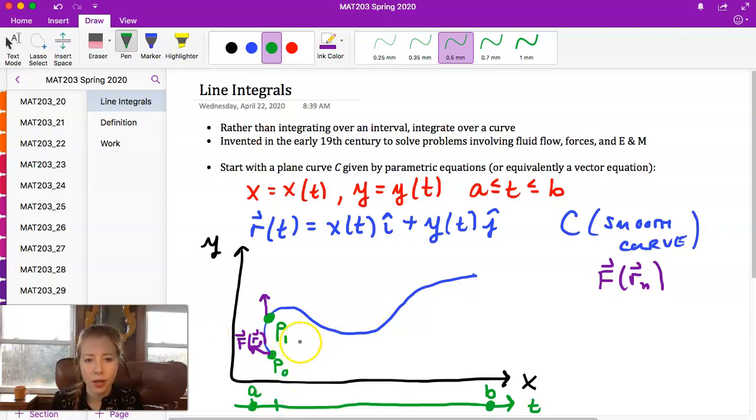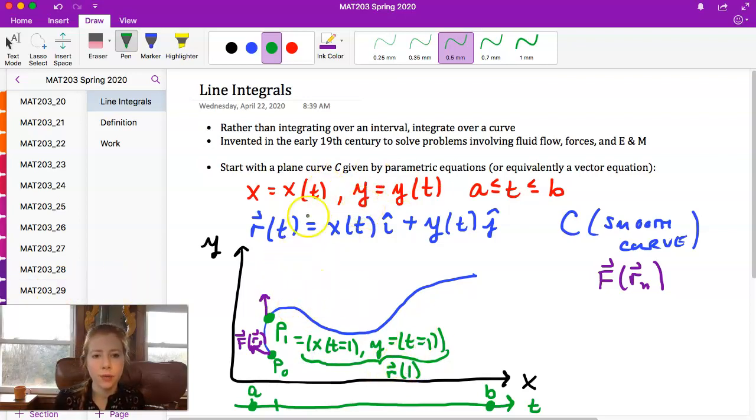And P1 is going to be our position vector at time 1. So this was time 0, then time 1. So it's going to be x at t equals 1 and y at t equals 1. Right, and so in other words, this right here is r at time 1, r of 1.